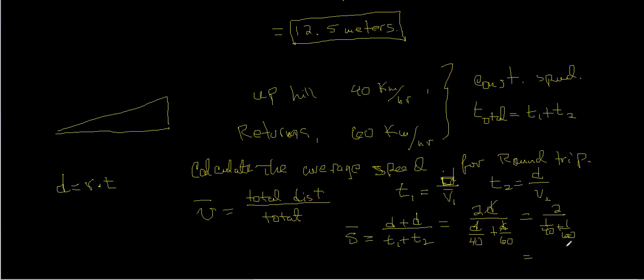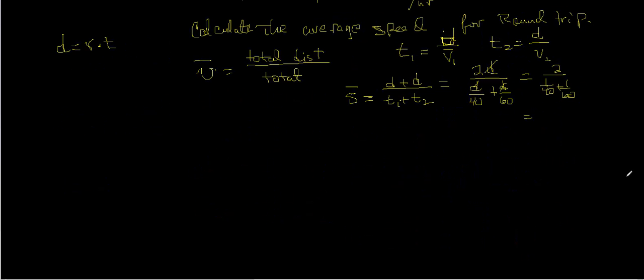And when you rearrange this, it turns out that you end up with 2 times 40 times 60 divided by 40 plus 60.